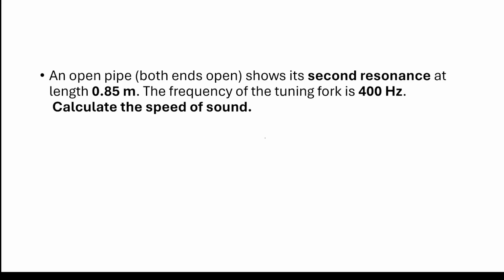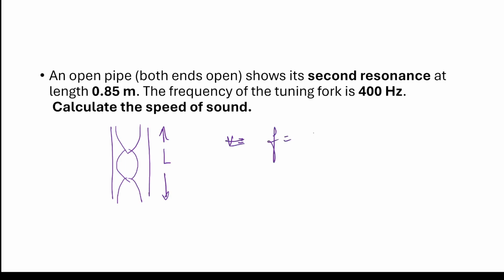Both ends open, shows second resonance. Again, I am doing the diagram. You can try to do it yourself first. So second resonance, say something like this. So this is the length, or you can just write, if it is second resonance, F is 2 times V over 2L.